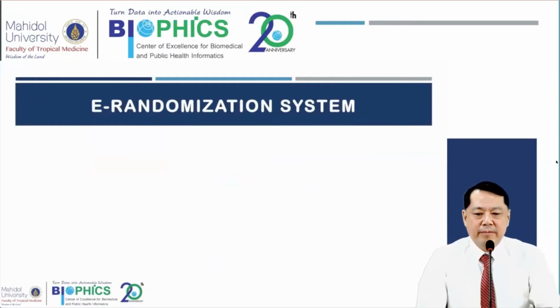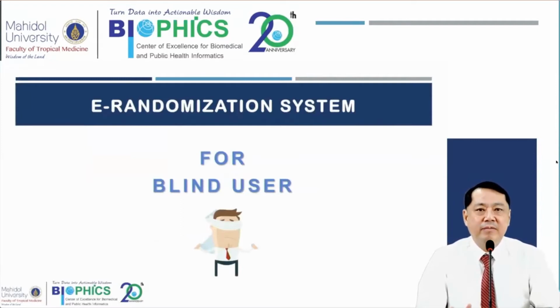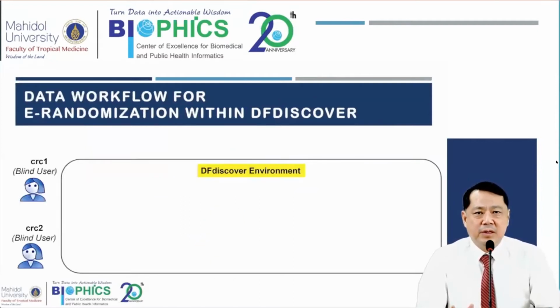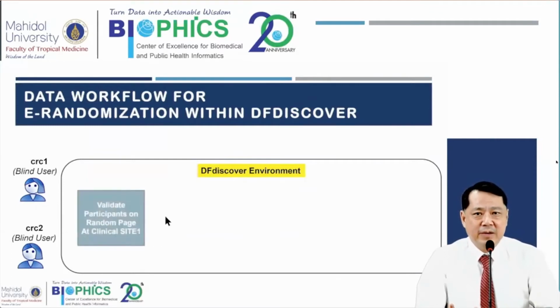Now we come to the e-randomization system, which will be implemented in DFdiscover, starting from the blind user. So here is the scenario where you have probably multiple CRCs, like CRC1, CRC2, who will access DFdiscover. He or she or both users will validate the random page, let's say at clinical site 1.